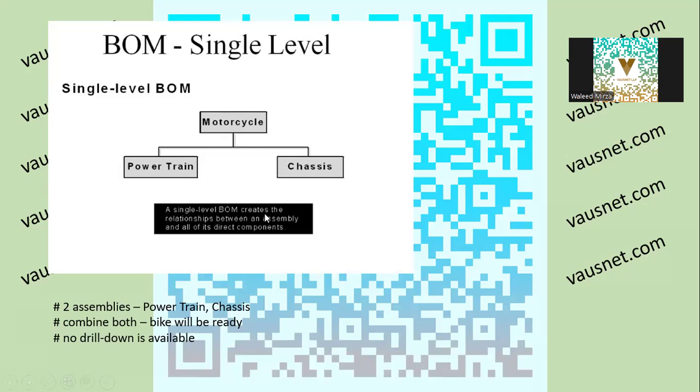A single level BOM creates the relationship between an assembly and all of its components. So there is a relationship between chassis and powertrain, and it becomes a motorcycle, that is the assembly. Under this final product, we have two more assemblies, powertrain and chassis. Combine both and the bike will be ready. So there are no drill downs available.